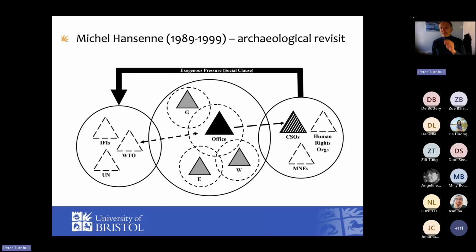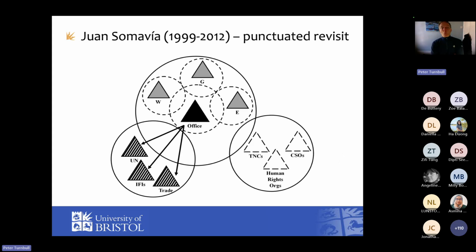Michael Hansen tried to bring these civil society organizations into the International Labour Organization in order to try to get a social clause adopted by the World Trade Organization, so that if you become a member of the World Trade Organization, there are social obligations that go with that. Didn't work. Juan Somavia basically reframed international labour standards as decent work.